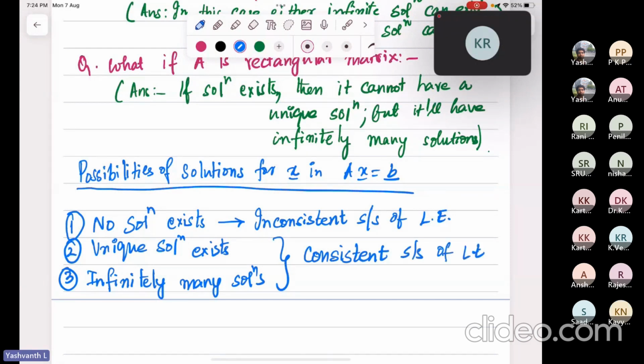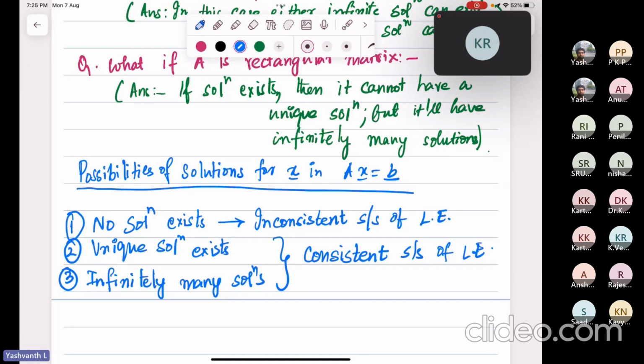So there are two categories, inconsistent versus consistent systems. The first question is, when is a system consistent and when is it inconsistent? Once we understand that, we will ask when the system will have a unique solution and when it will have infinitely many solutions.